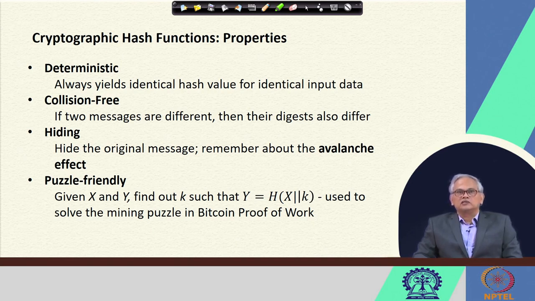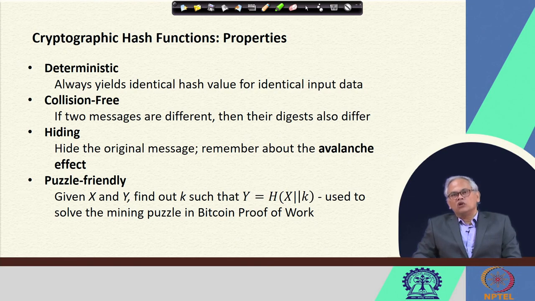The third important property is hiding of the original message information. What does it mean? If I have a message m1 and I apply the cryptographic hash function on m1 to get its digest h of m1, and I have another message m2 for which I get the digest h of m2, then by looking at these two digests, I should not be able to figure out which m2 would generate that h of m2.